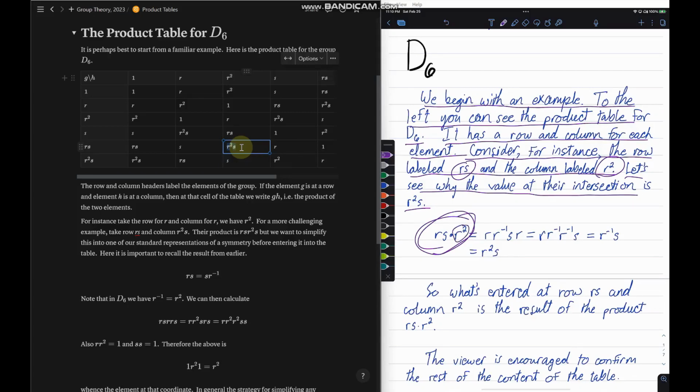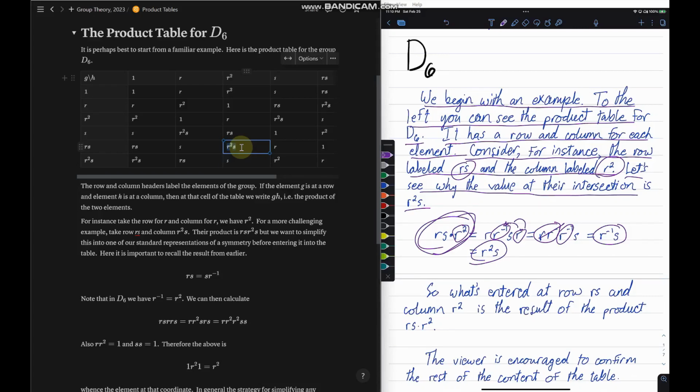which is, if this is an R squared, I split it into an R times an R, and I move one of those R's to the other side of S. I have to take its inverse when I do so. I do it one more time to get this R squared. These two, R and R squared, cancel, left with this, and then that R inverse turns into R to the n minus 1.